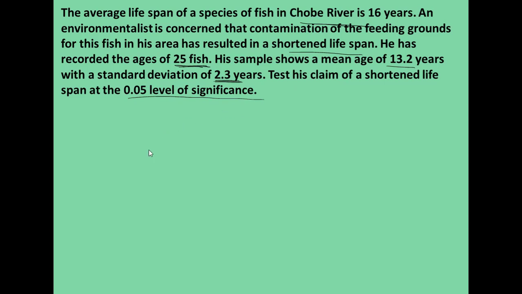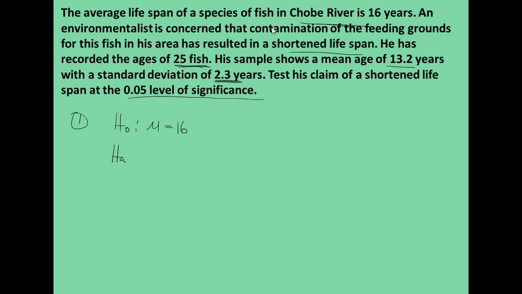So our significance level is still the same, 0.05. Okay, so we set up the hypotheses, the null hypothesis and the alternative hypothesis. The null hypothesis is that the mean value mu, the population mean, is 16 years, right?